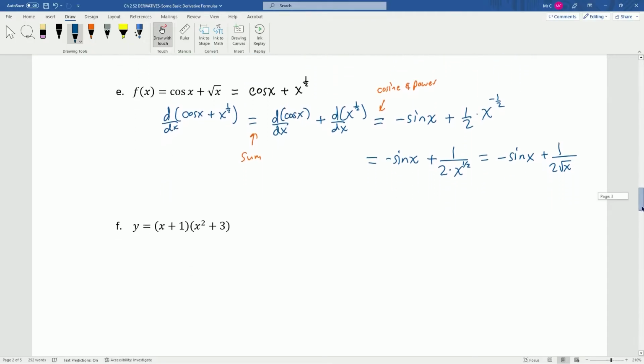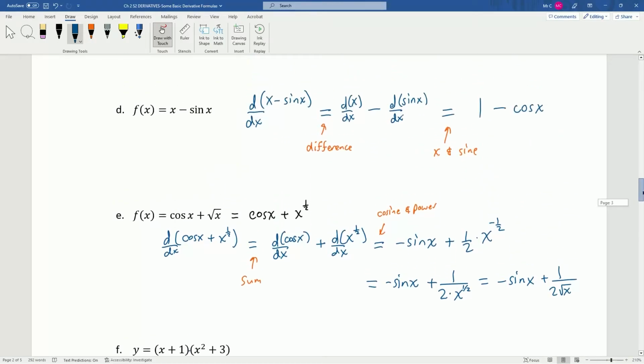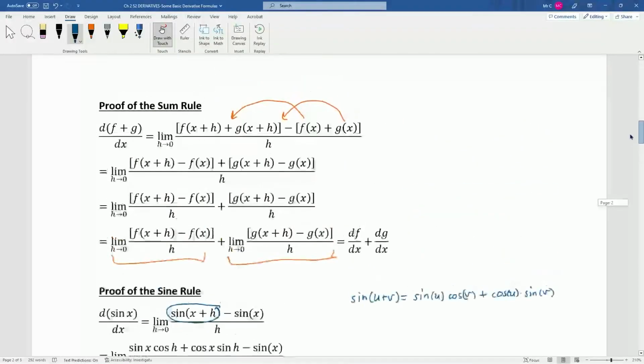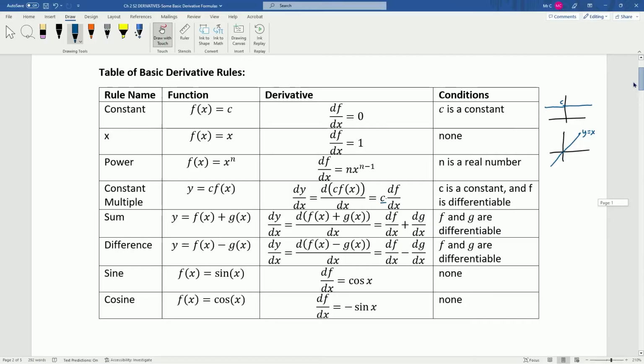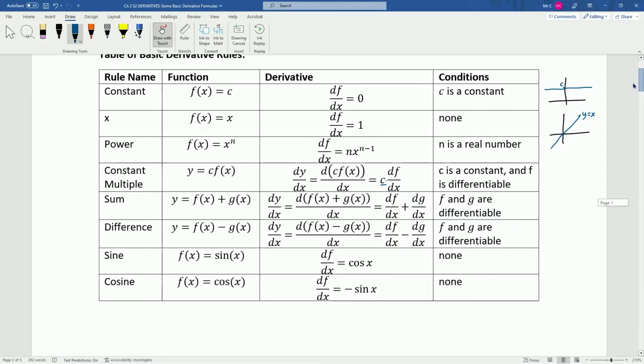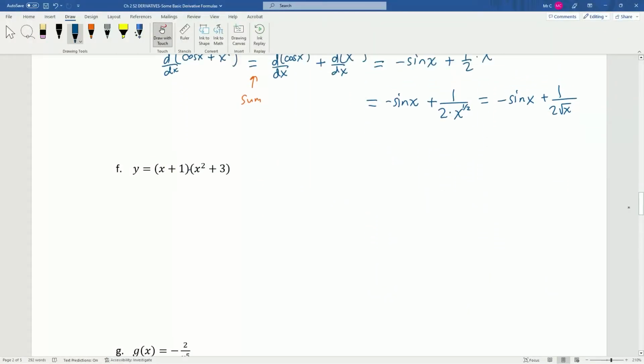Now, in this next step, we have a product of two functions, but none of our rules deal with products of two functions. We will deal with that in general in a later section, but that's actually quite a bit more complicated. So we don't want to have to deal with products of two different functions. So how can we deal with this? Well, what we can do is first distribute and multiply everything out. So let's just rewrite our function.